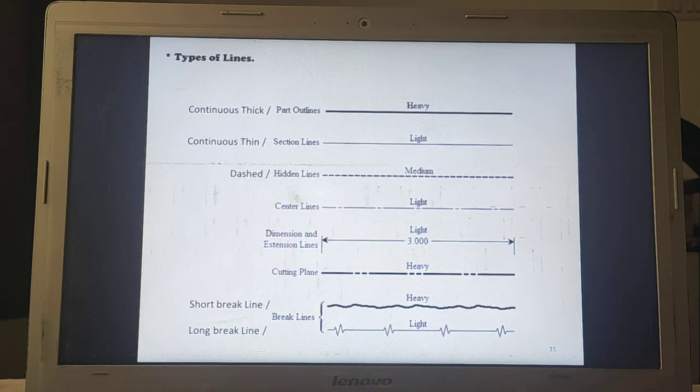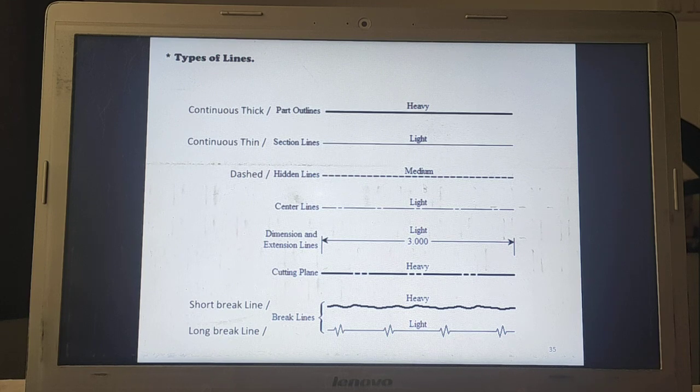Now, as we have seen, engineering graphics is a language of engineers. So for every language, we must have different letters or alphabets. So these are our alphabets. What are these types of lines? Very first is the continuous thick line, which you can see is dark and heavy, isn't it? Then the continuous thin line, which is a light line. Then the hidden line.